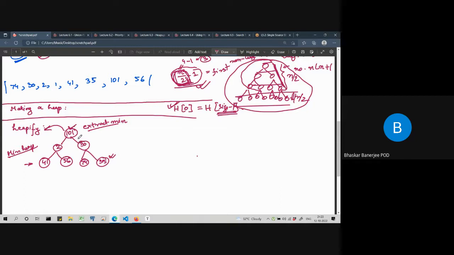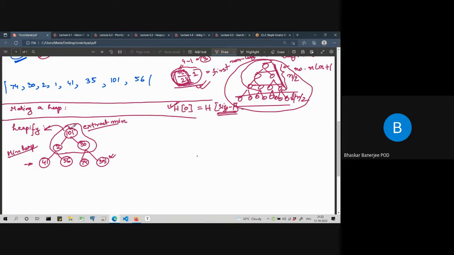Why? Because you consider only this part. This part is no more a heap. The whole thing is no more a heap, but I'm going step by step. So this is the immediate part that I'm concerned about, and this is not a heap. Correct? And since this is not a heap, I have to find some substitute for 101, which can make this thing into a heap.